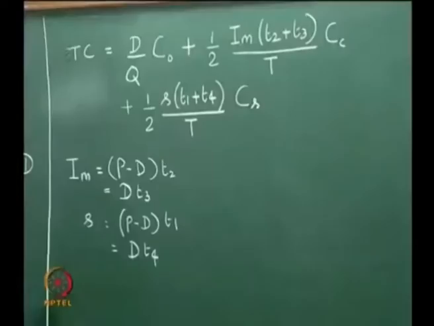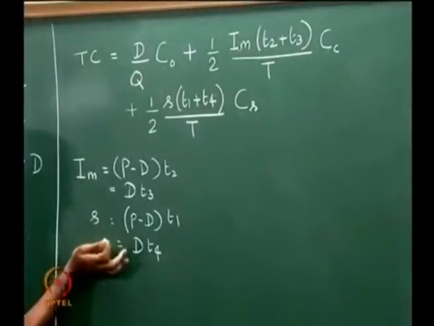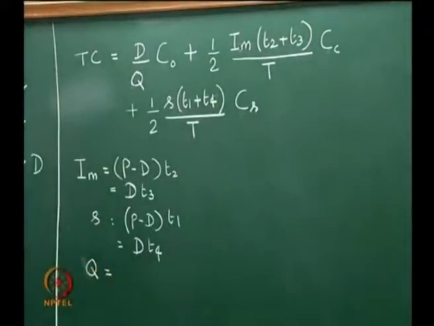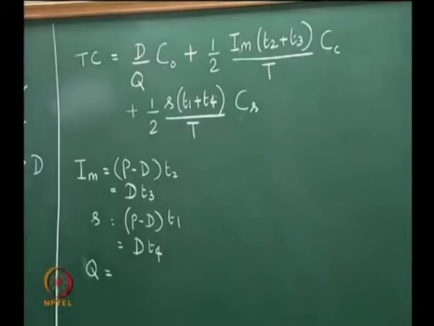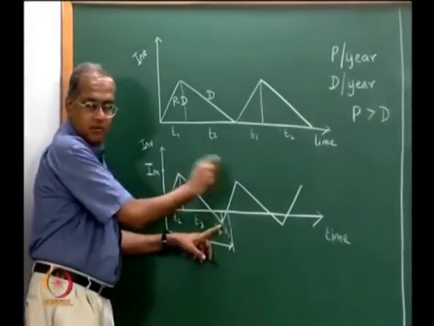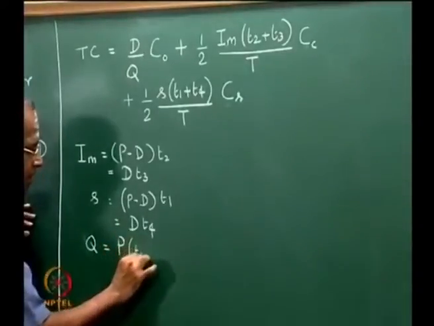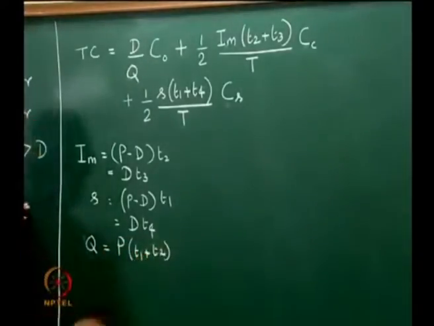We also have Q, which is the quantity that is produced. Whenever we produce for a period T1 plus T2, Q is equal to P into (T1 plus T2).